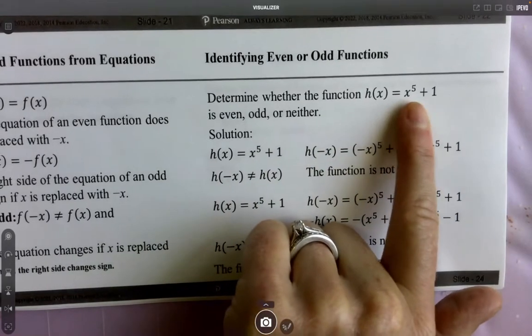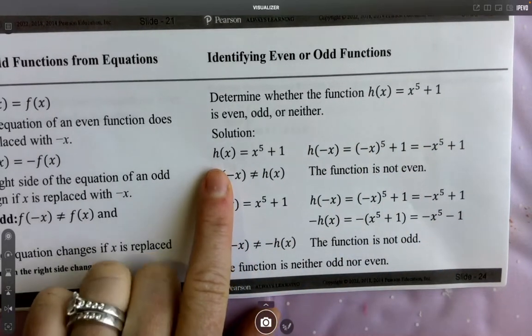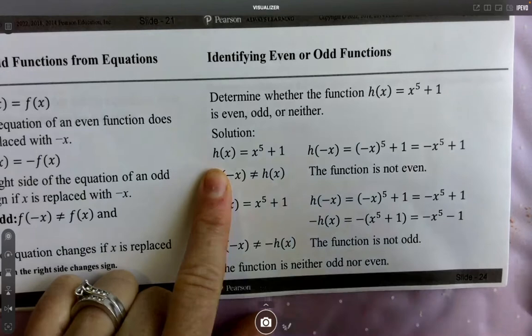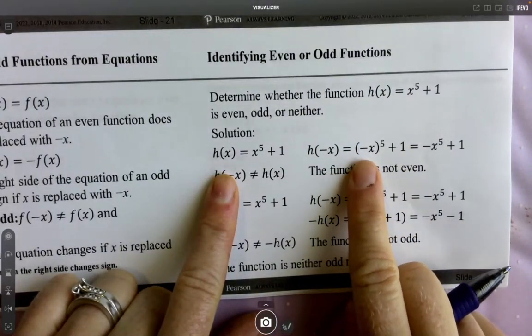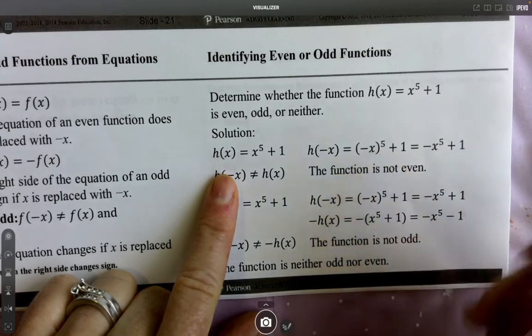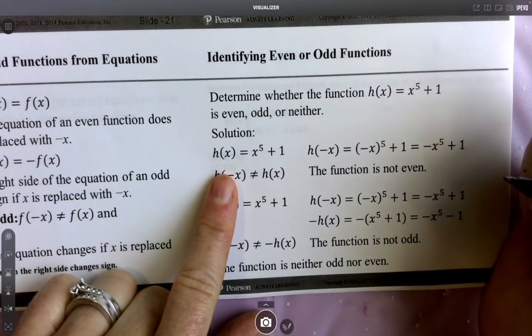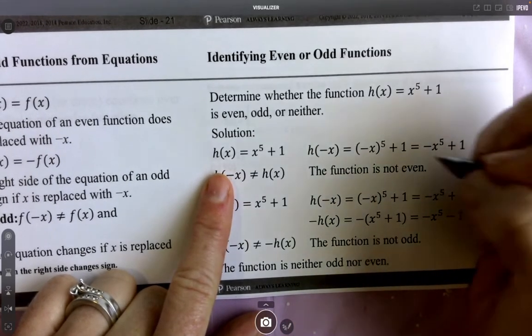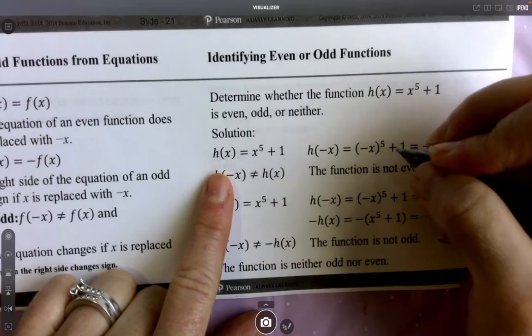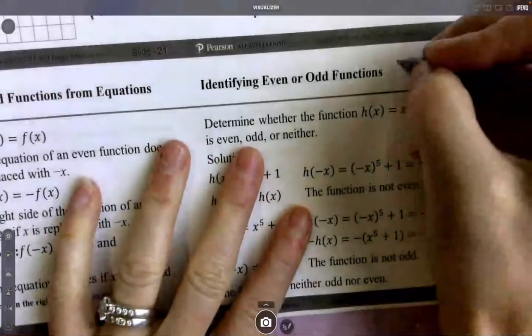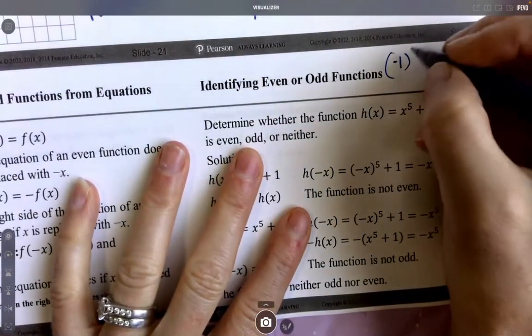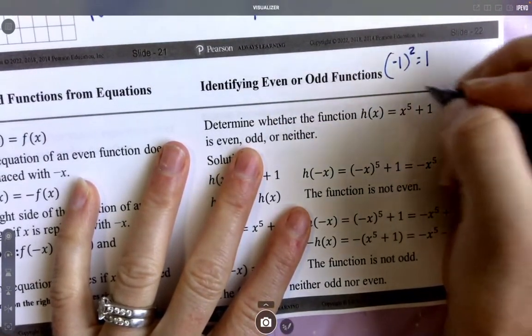So we have x to the fifth plus 1. What it has us do is plug in negative x. Anything to an odd power is going to be a negative. So that's why that comes out to be a negative. You've got to think back: negative 1 squared is positive 1.